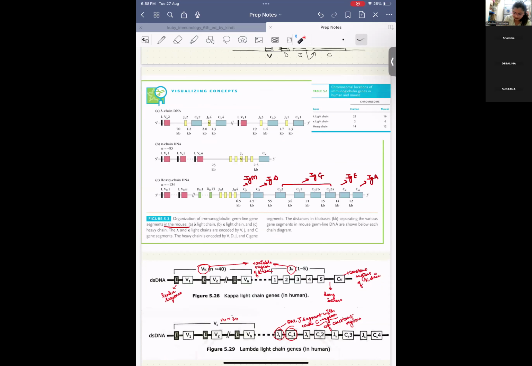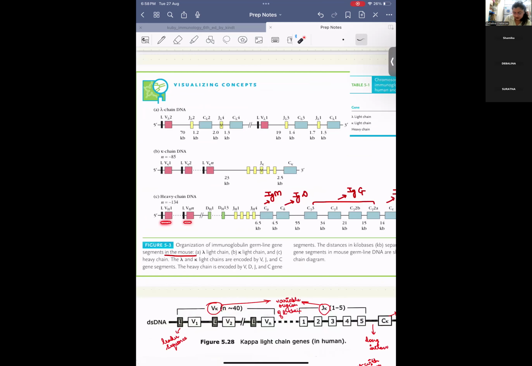Here again we have the V chains arranged linearly. How many of them? We do not have a number that is possibly there even for humans. Then we have what we call D regions, right? I am just mentioning for human. For mouse, it is somewhere D1 to D13.